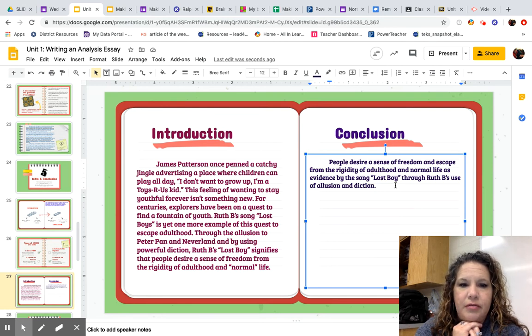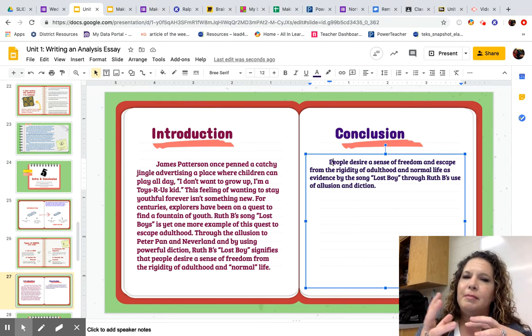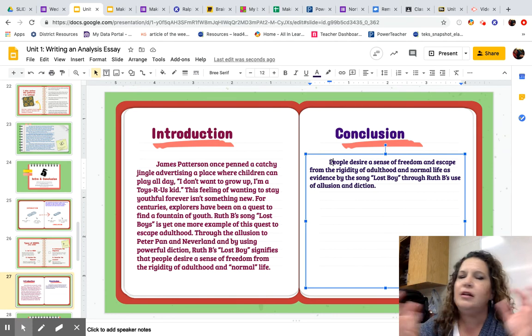Ruth B signifies people desire as evidenced. I'm going to tap back into my hook and my bridge. I'm going to carry some of that over with it because remember, they all tie together. Even though this is my main claim statement, I don't want it to be too repetitive.